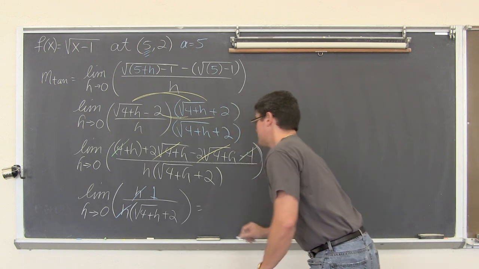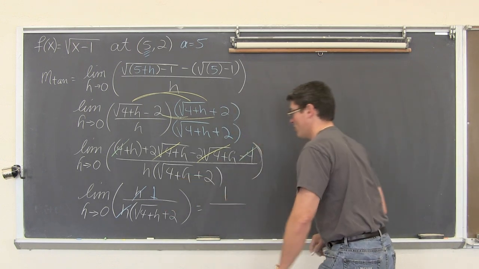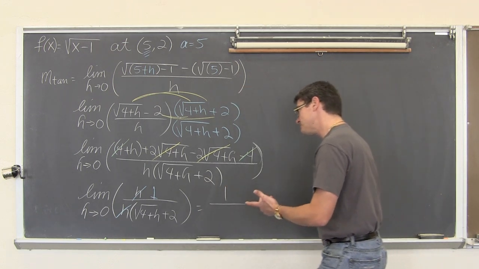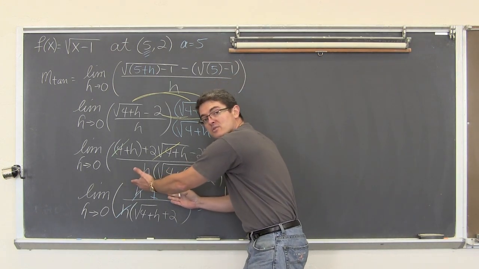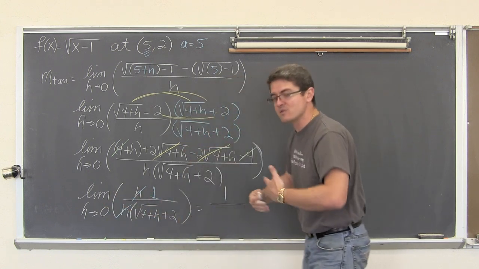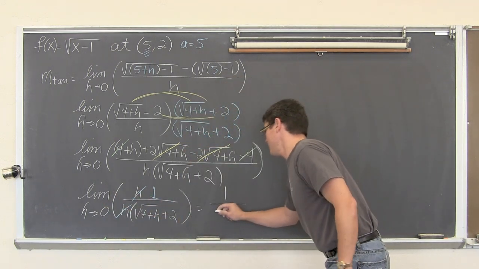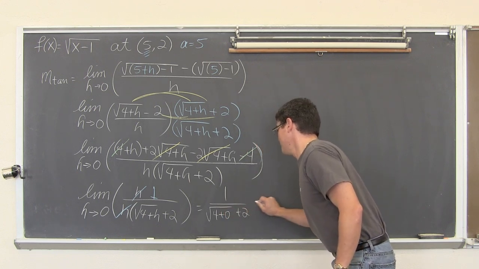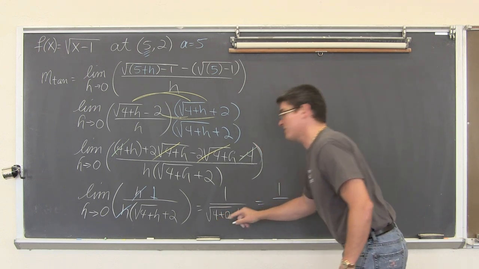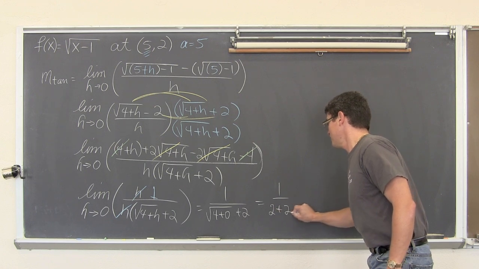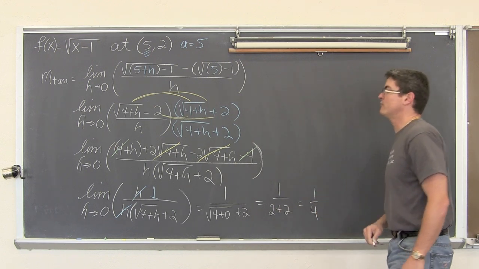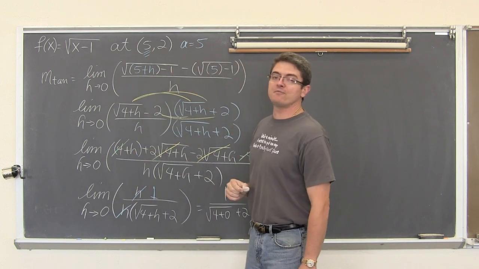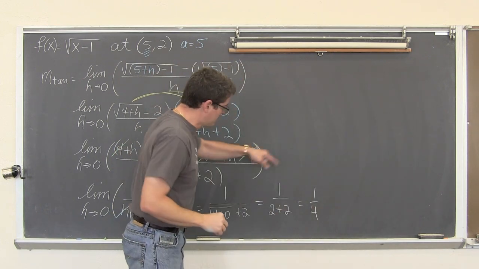So we're taking the limit of the numerator, which is a constant, over the limit of the denominator. Plugging in 0, we have 1 over the square root of 4 plus 0 plus 2, that is 1 over the square root of 4, which is 2, plus 2, which is 1/4. So the slope of this function at the point 5, 2 is equal to 1/4.